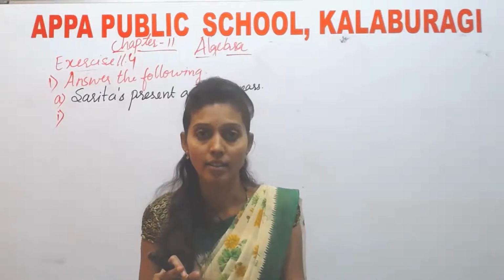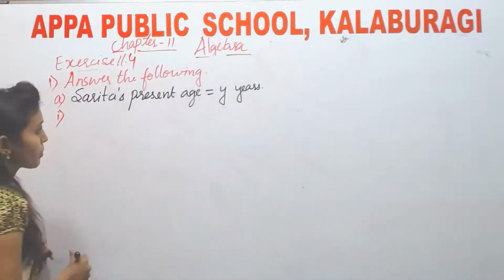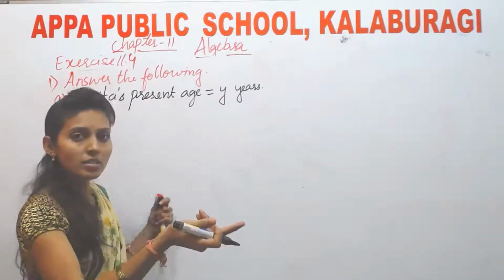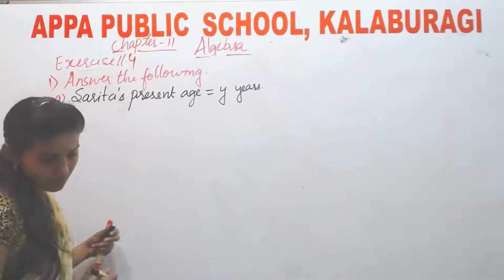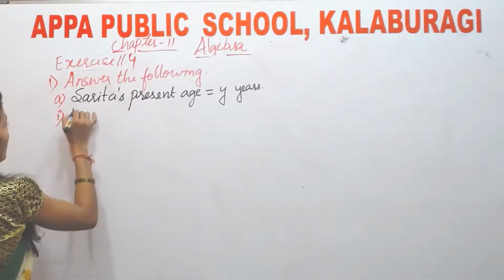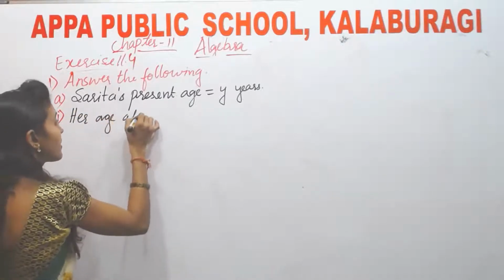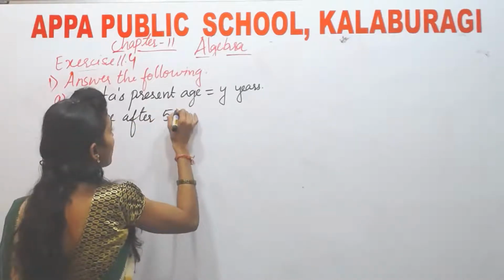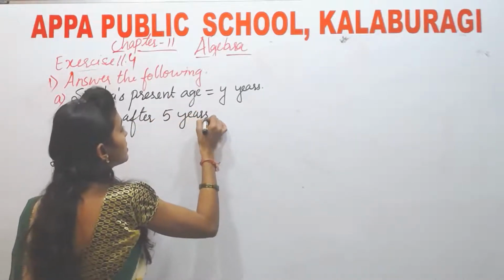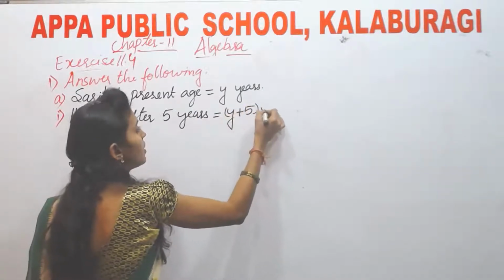You added, right? So, same way here also. Present age y. After 5 years, add 5 to y. That's it, okay? Her age after 5 years, after means in future, is y plus 5 years.